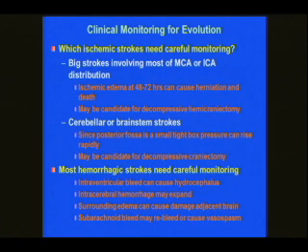But the other feature is that the kids have to be monitored for evolution. And what I mean by that is that if you have a lack of blood flow to the brain, you oftentimes have swelling of the brain, and this swelling can actually contribute to a lot of further damage. And that swelling oftentimes doesn't peak till 48, 72 hours after the original presentation.